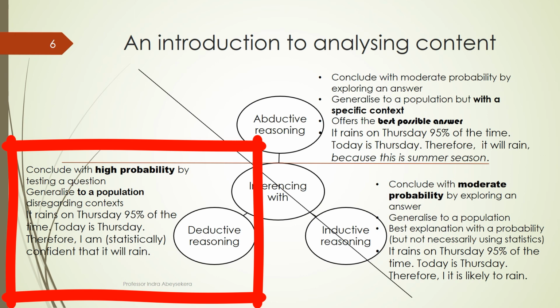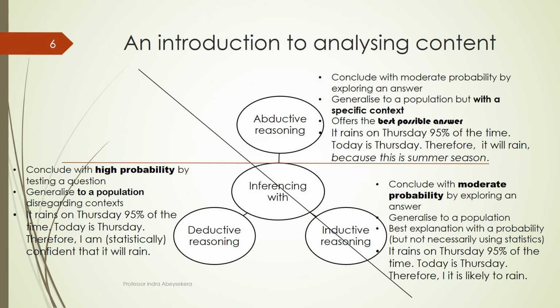But we disregard the context. For example, it rains on Thursday 95% of the time. Today is Thursday. Therefore, I am statistically confident that it will rain.